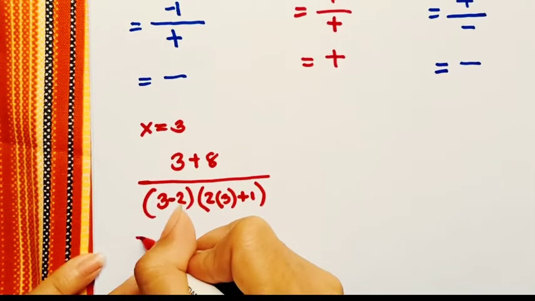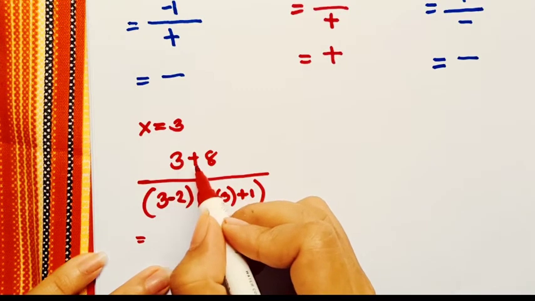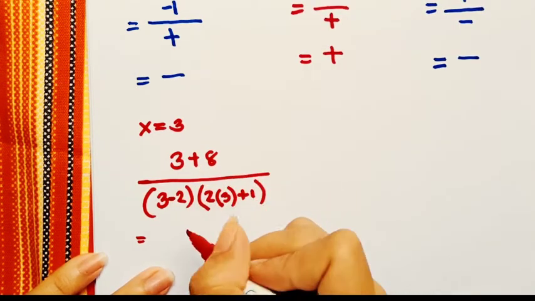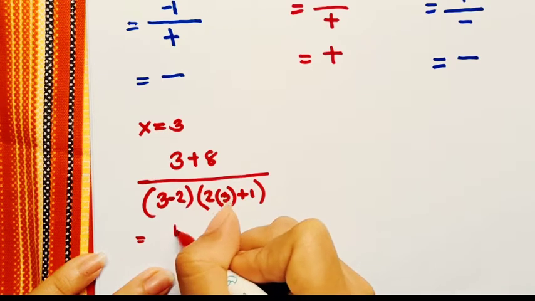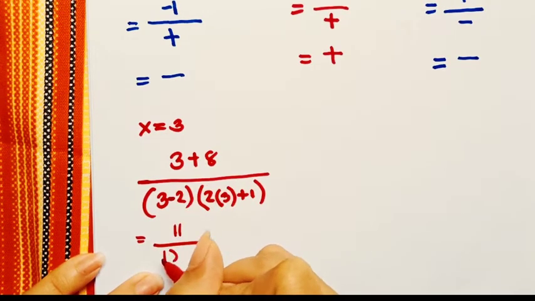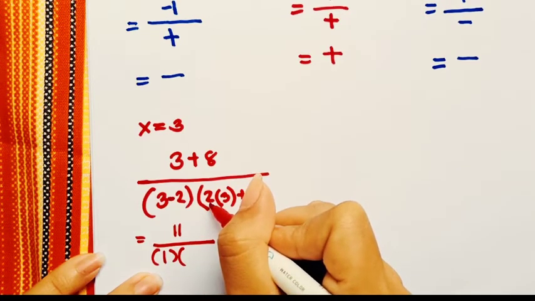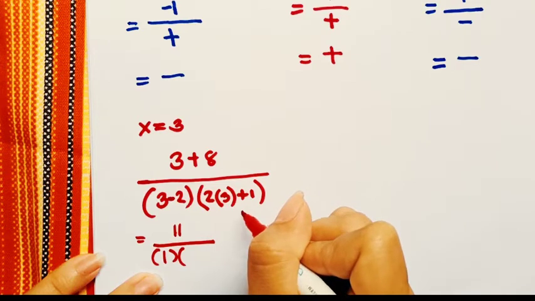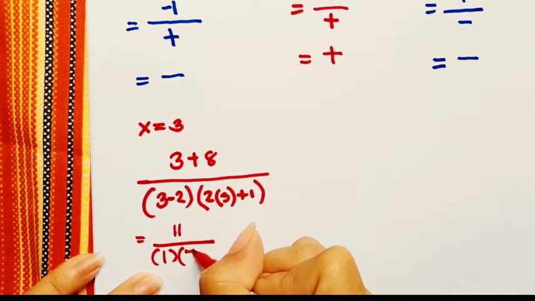So, 3 plus 8 is 11 over 3 minus 2 is 1 times 2 times 3 is 6 plus 1 is 7.